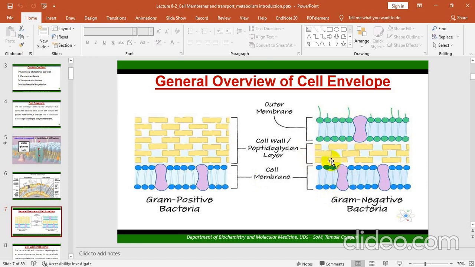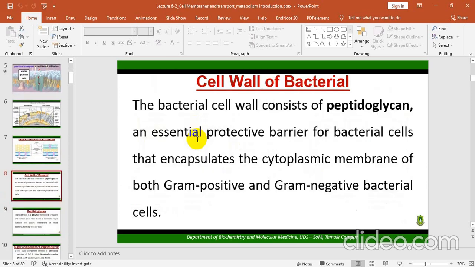You can see it's very thin as compared to the gram-positive bacteria. The bacterial cell wall consists of peptidoglycan, which is an essential protective barrier for bacterial cells that encapsulates the cytoplasmic membrane of both gram-positive and gram-negative bacteria.